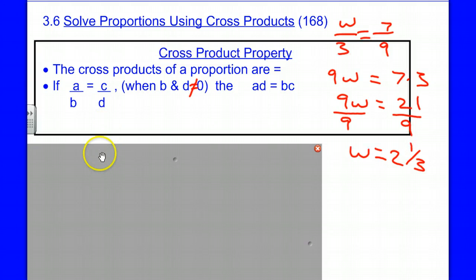All right, so if we use letters, A over B equals C over D, we can say that when we bring D up and multiply it with A, we have AD, and bring B up and multiply it with C, we've got BC. Why do we have this little section in the rule? When B and D do not equal 0.